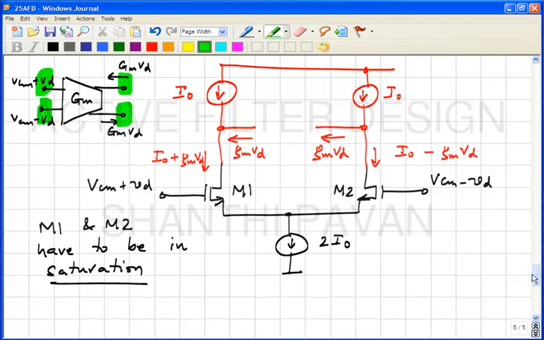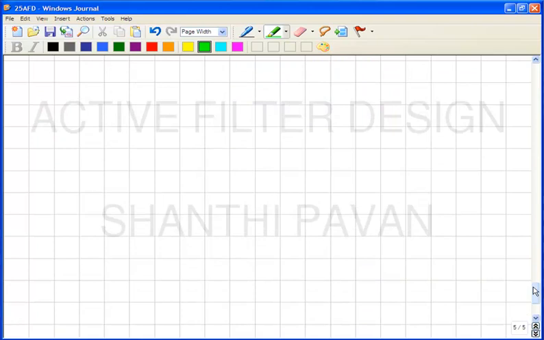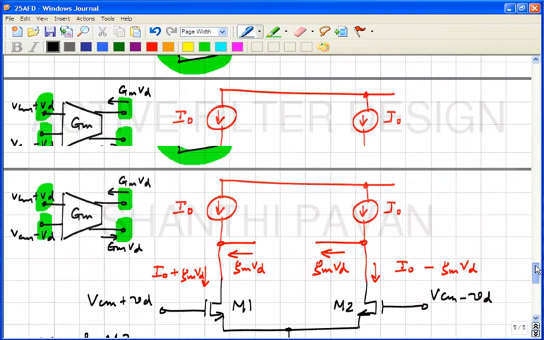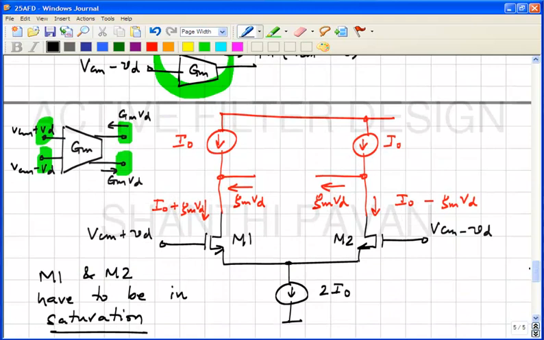Okay, let me repeat that. What I said was, to figure out if M1 and M2 are in saturation, I'd like to choose some arbitrary VD, apply VCM plus VD on one side, VCM minus VD on the other, and determine the drain potentials at M1 and M2.